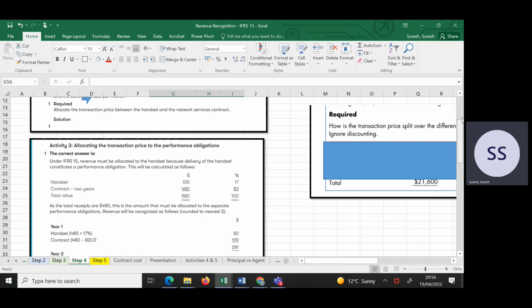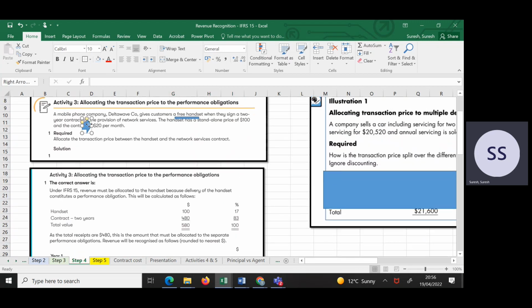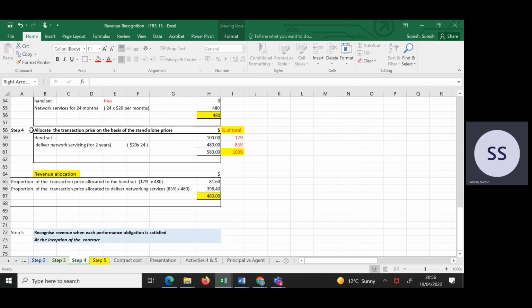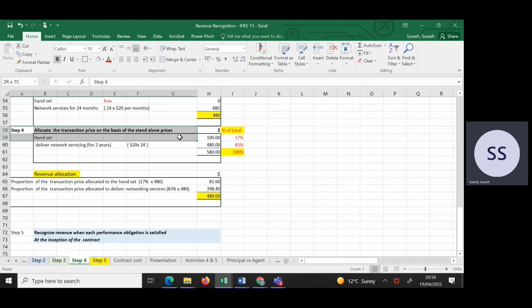In this example, the handset's standalone price was $100, so if you buy only the handset, you pay $100. The next step is to find the standalone prices. Let me put the standalone price of the handset here.